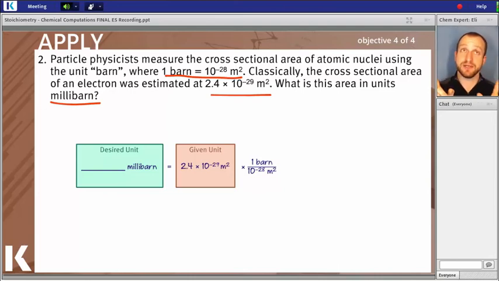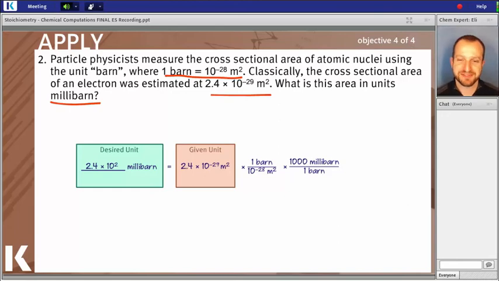Now, milli is 1,000th, but I want to end with milli. So I have 1,000 millis per one barn. Millis had better be in the numerator, and there's 1,000 of them, so multiply by 1,000. Done. Multiplying straight across does absolutely cancel out a whole bunch of those powers of 10, and we get 2.4 times 10 to the second, or 240.